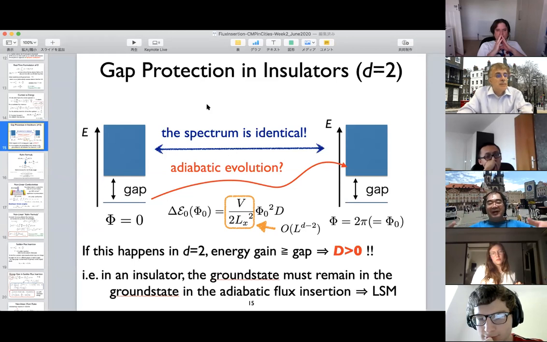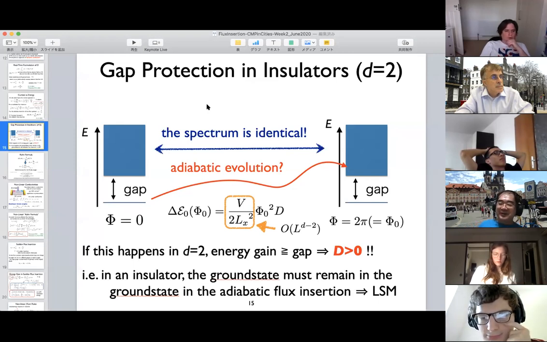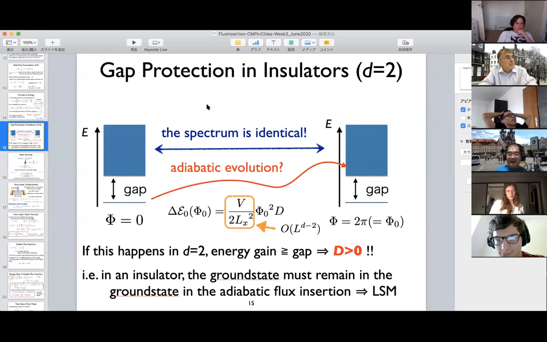So I guess our intuition somehow depends on the locality of the interaction. So once you include long-range interaction, somewhere this gap protection hypothesis would collapse, I guess. But how long-range an interaction we exactly need, I have no idea. But for short-range interaction, I agree. At least my intuition agrees with you.